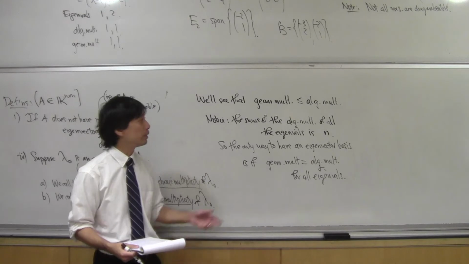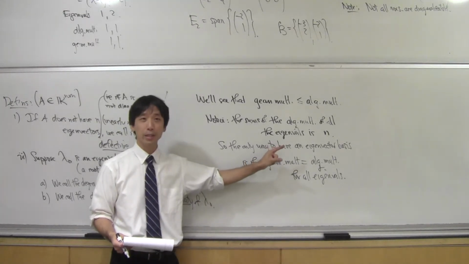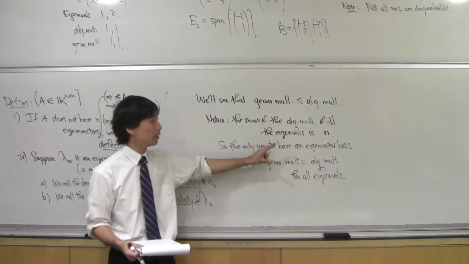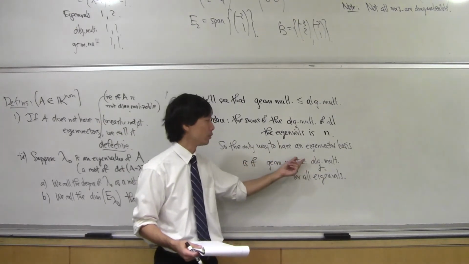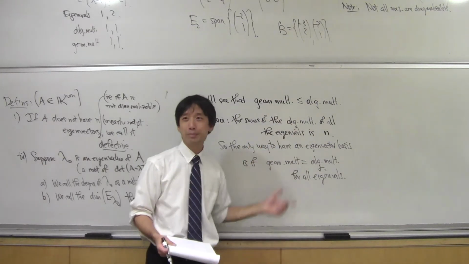Because if one of them is less, then you're not going to get n linearly independent eigenvectors, unless you've got enough of them.